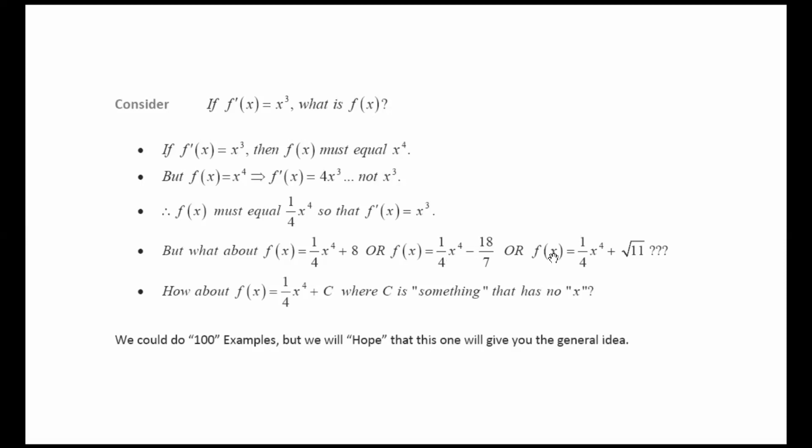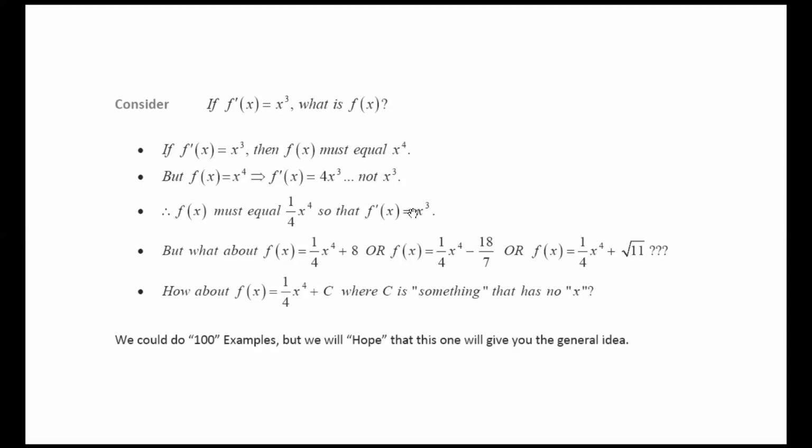And as does f of x equals 1/4 x to the fourth plus the square root of 11. So let's make one more adjustment. We see that f of x equals 1/4 x to the fourth plus any number will satisfy the requirement and have a derivative that is equal to x cubed.